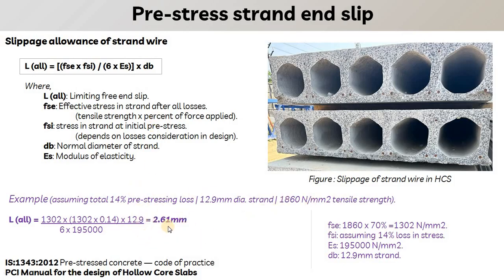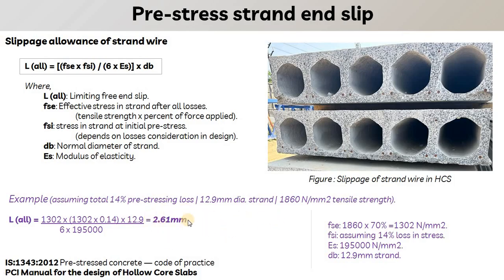So here it says that the pre-stress loss that is allowed is 2.61 mm per strand. I have assumed 14% of loss, and that can result in a loss in elongation of 2.61 mm.